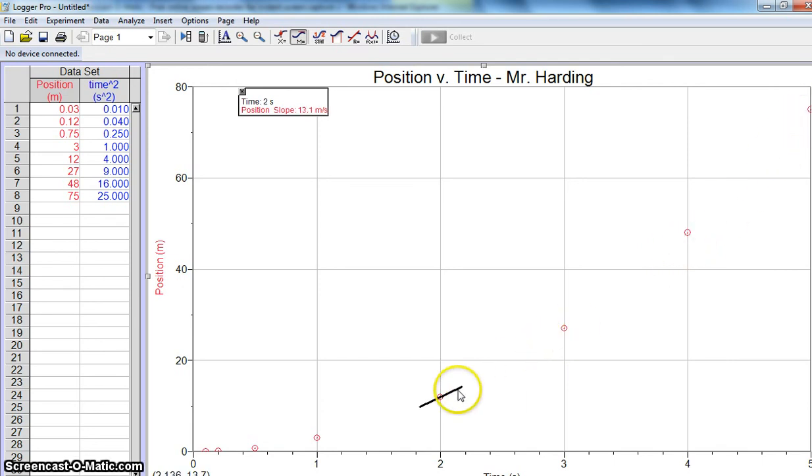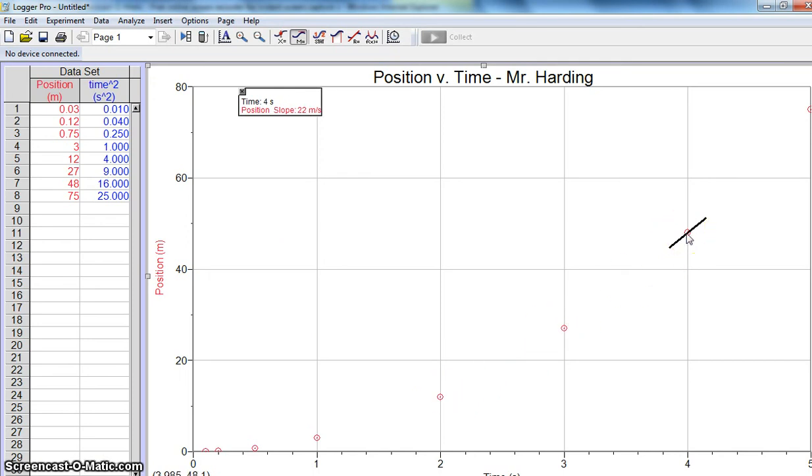So this is doing some heavy lifting math-wise for you. And I can identify that here at 1 second, the velocity is 9 meters per second. So that allows me to figure out the velocity at specific times.